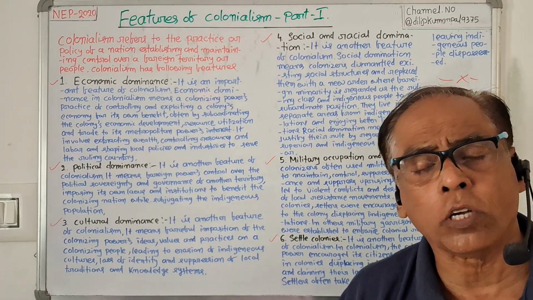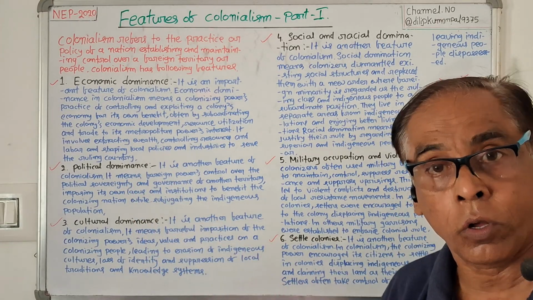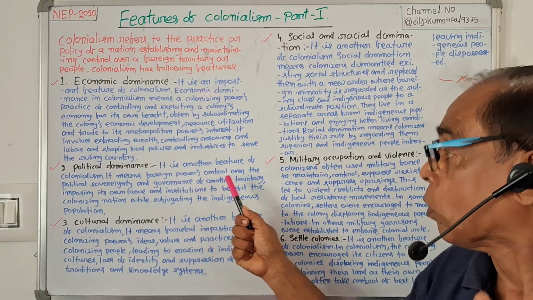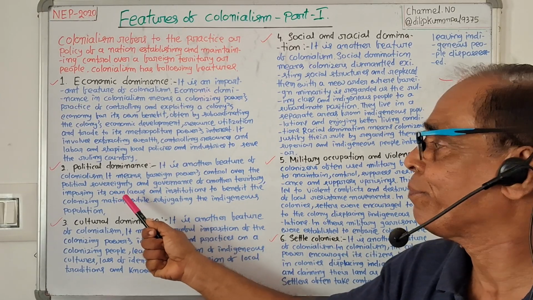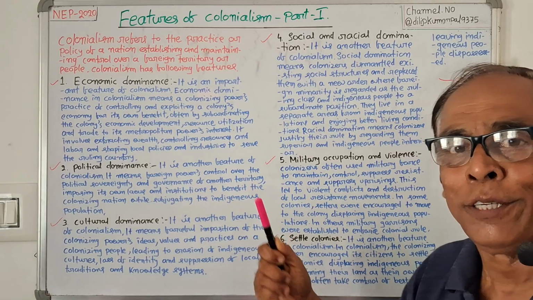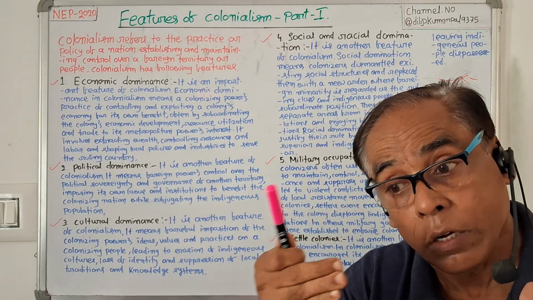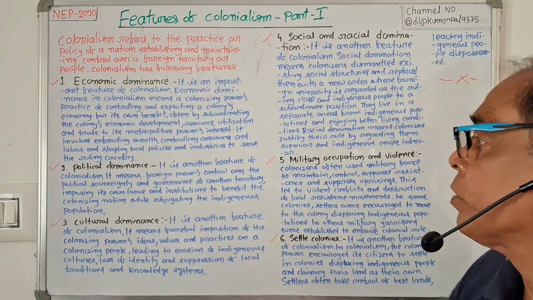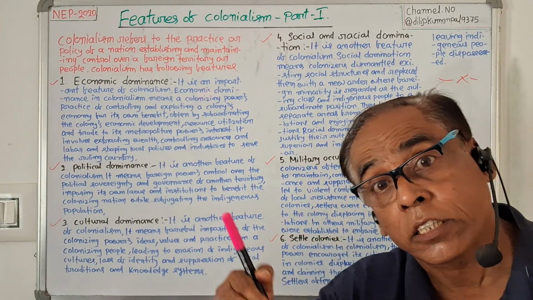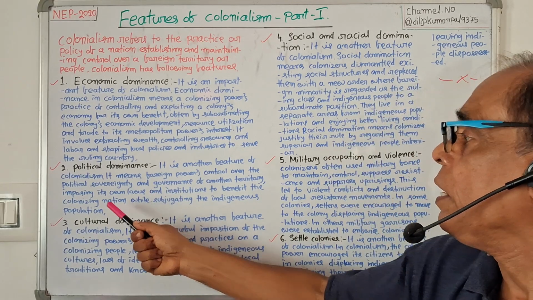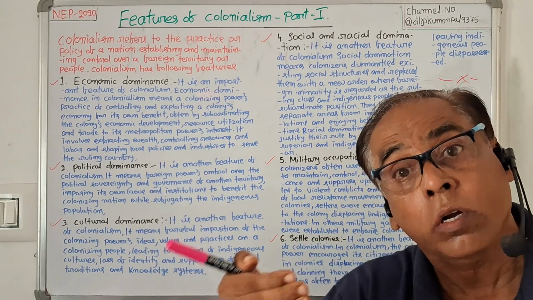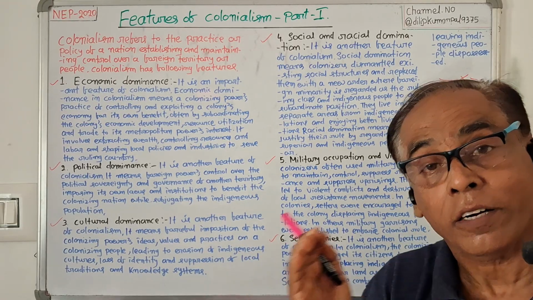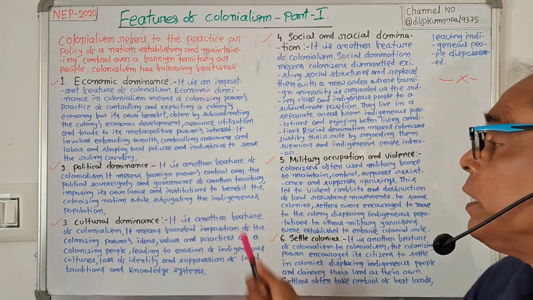So political dominance means whenever a colonizing country will control the political sovereignty and governance of the colony and impose its own laws and institutions to benefit the colonizing nation while subjugating the indigenous population.